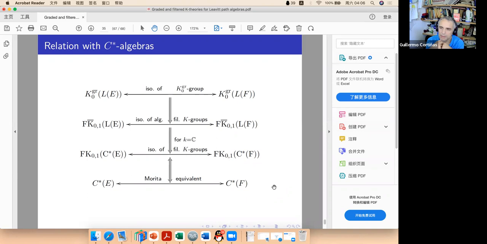This lift, he also shows, need not be an isomorphism, even if the map of K0 groups you started with was an isomorphism.